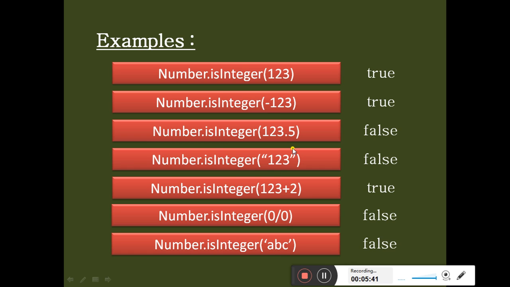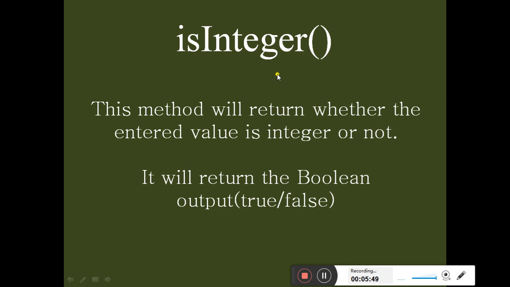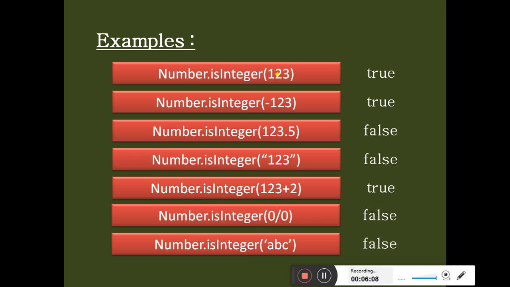So this is all about the isInteger method. It will return either true or false depending on the value entered. If the value entered is an integer value, it will return true, and if it is not, it will return false.